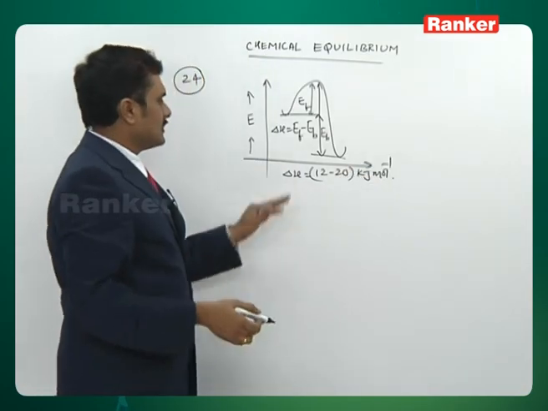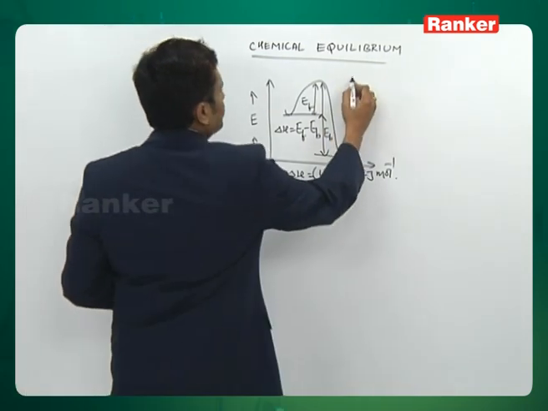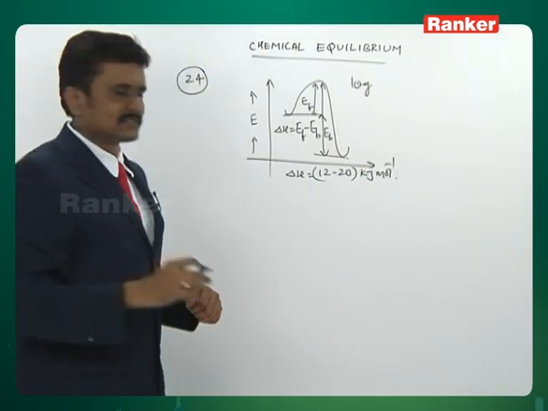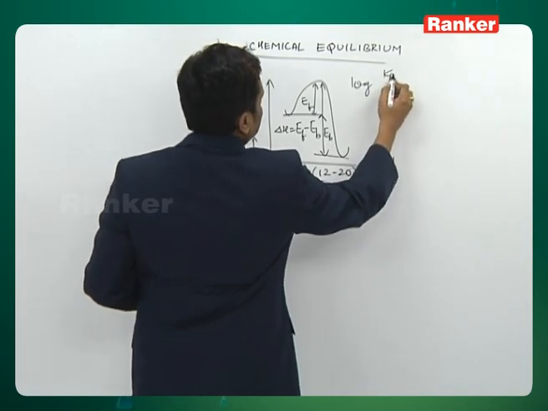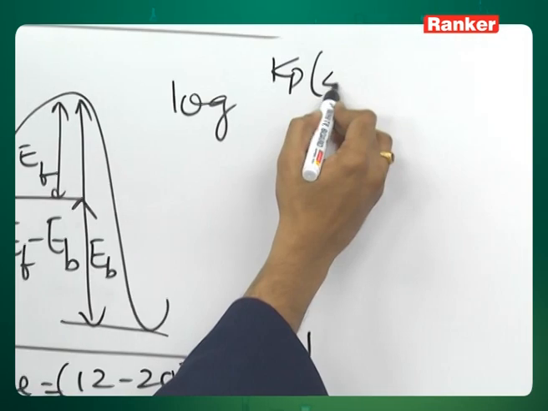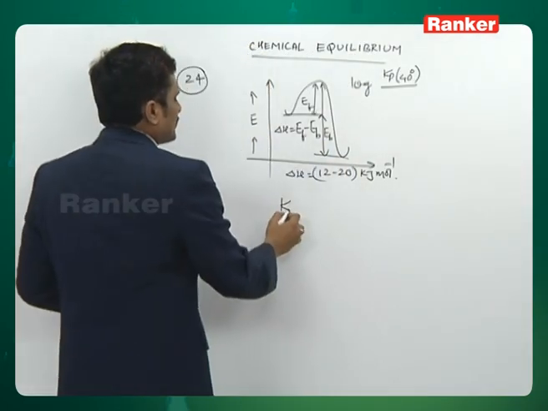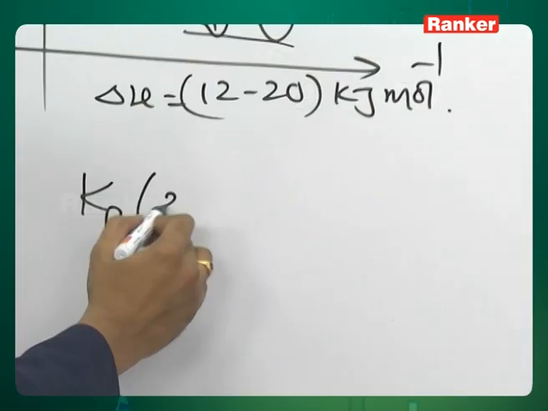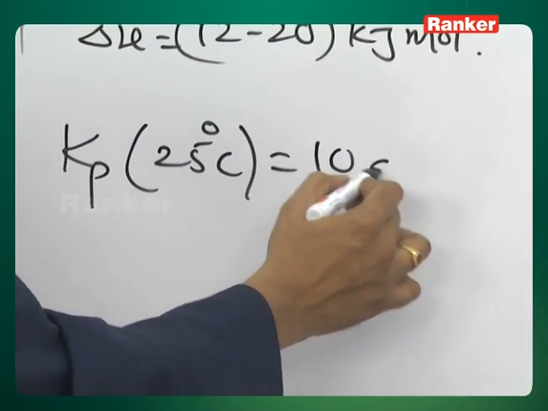Now, after knowing the value of delta H, you need to find out the Kp value at 40 degrees Celsius. Now, Kp2 at 40 degrees Celsius, you need to find out using the Kp1 value. You can see here the Kp1 value at 25 degrees Celsius is provided to us, found to be 10 atmosphere.